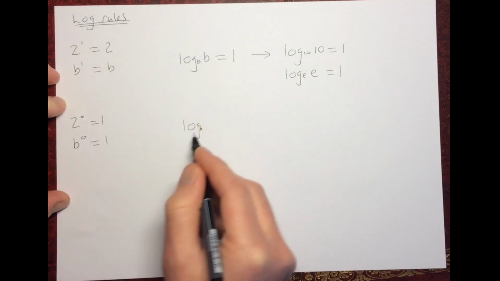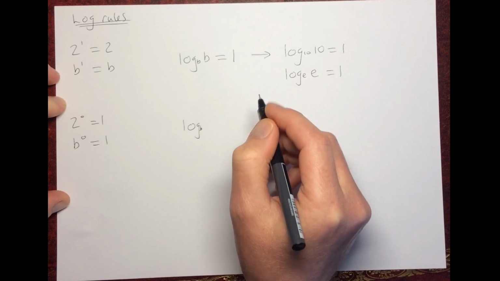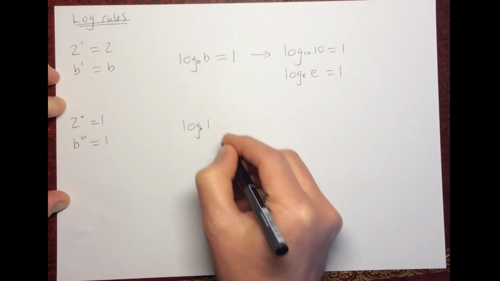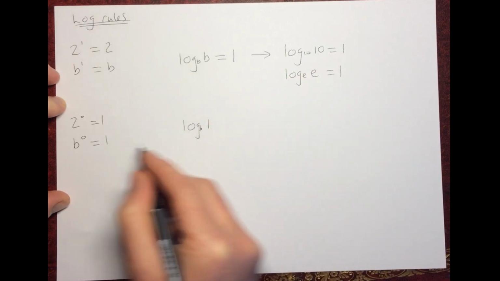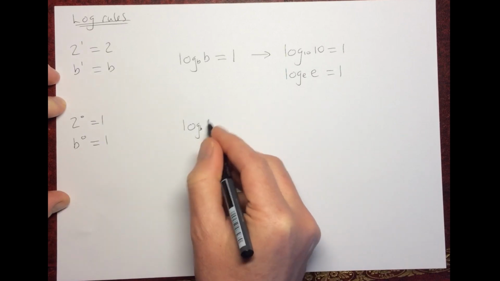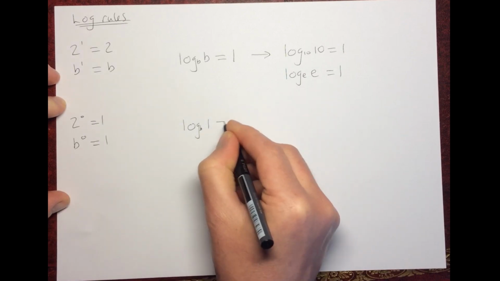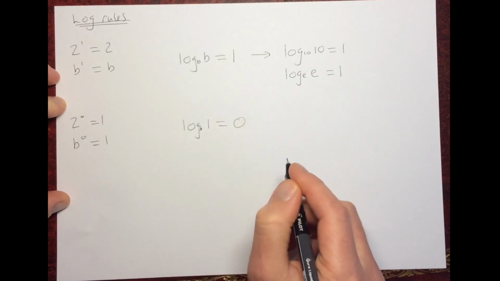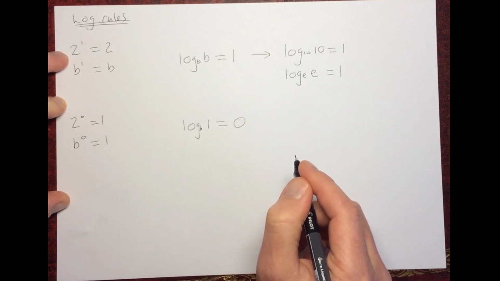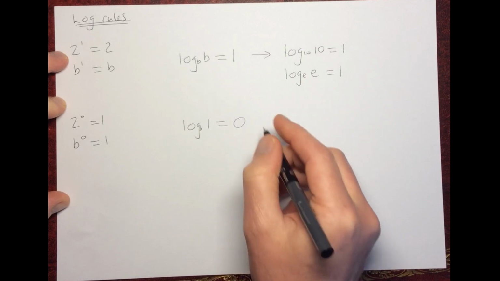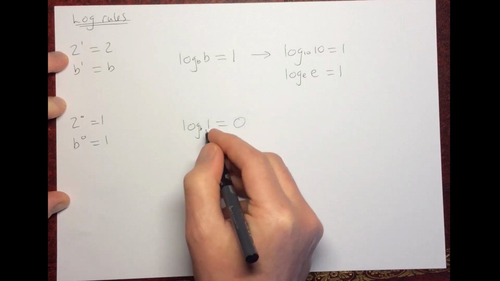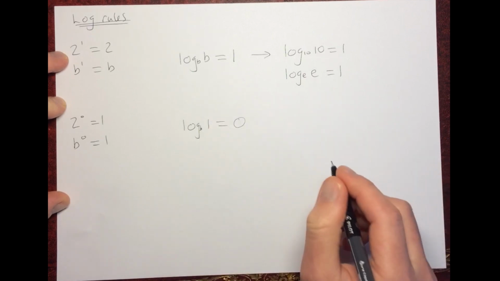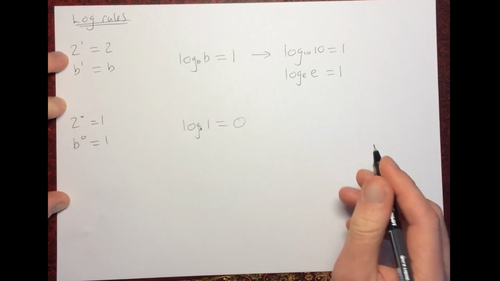So I'm saying, what value do I have to raise b to in order to get 1? Well, the answer is 0. Because I've done that, you can see that the general rule is, whenever you log a value 1, you'll always get 0.